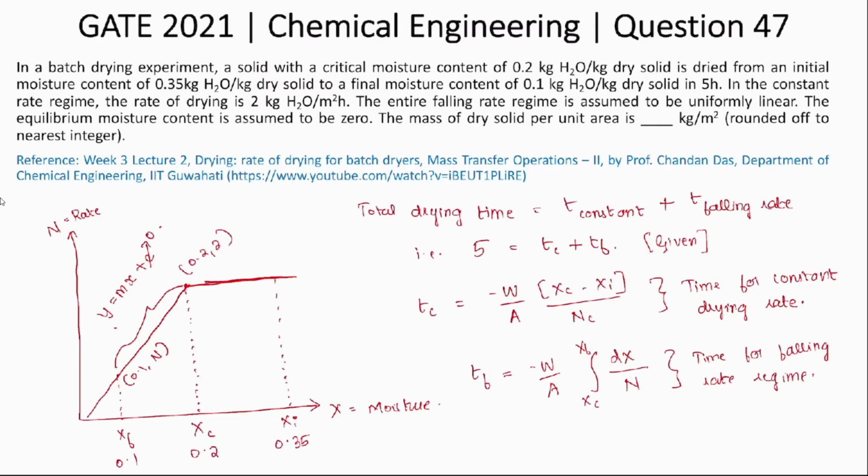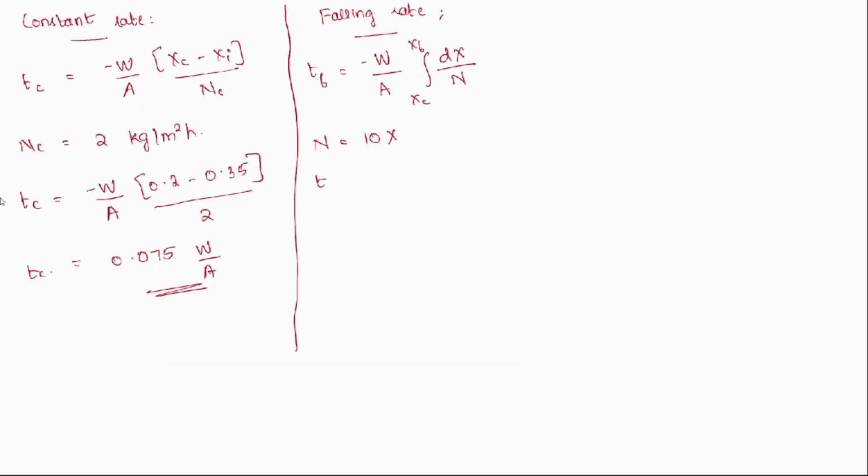So the c will go to 0, and we can write this y is basically n, which is the rate, and the small x is basically the moisture content x. And we can write the equation here as n is equal to 10x, which is in the form of y is equal to mx, where m is equal to 10, the slope of this line. We can find the slope by mathematical methods. So the slope will be 10.